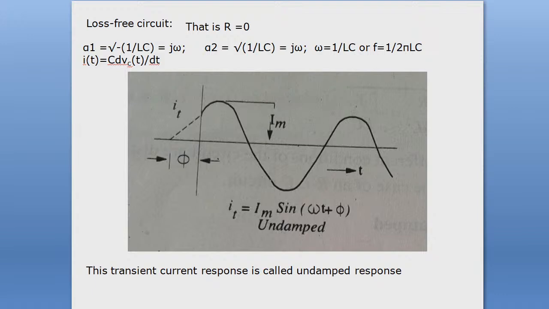By putting this condition, the transient response in terms of current is nothing but a sinusoidal response, varying with time with a frequency f equal to 1 by 2 pi root LC, or angular frequency omega equal to 1 by root LC. If anyone has any difficulty understanding the oscillation frequency of this response, write your confusion in the chat box.